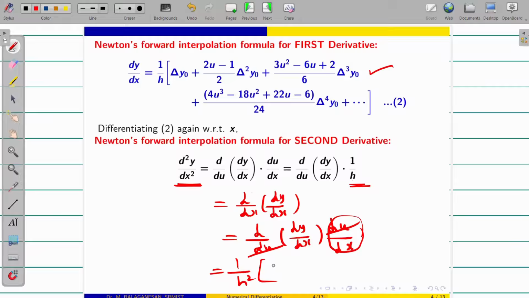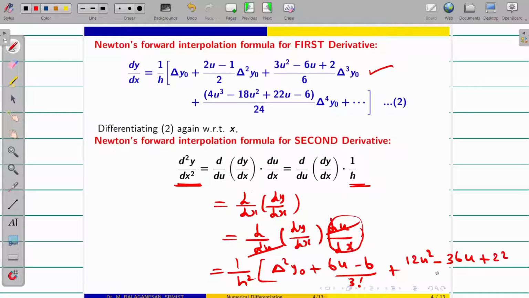So 2u minus 1 becomes 2, and the 2 will cancel. It will be del square y naught plus 3u square differentiates to 6u minus 6, divided by 3 factorial. I think it's better to write it as 3 factorial. Plus 4u cube differentiates to 12u square, minus 18 into u square, whose differentiation is 2u, so 2 into 18 is 36u, plus 22.